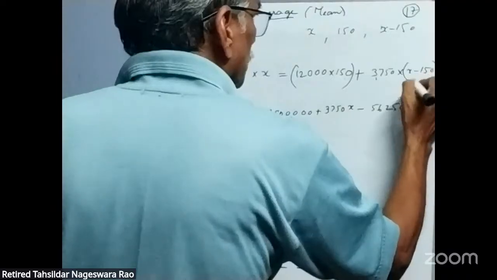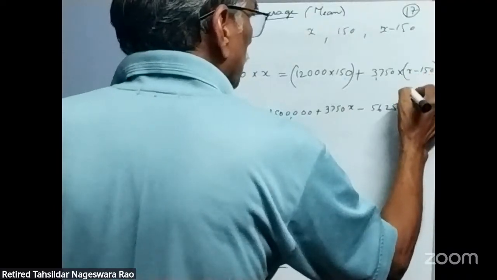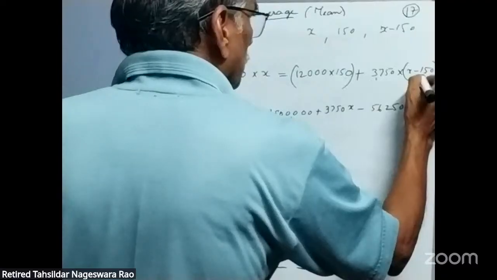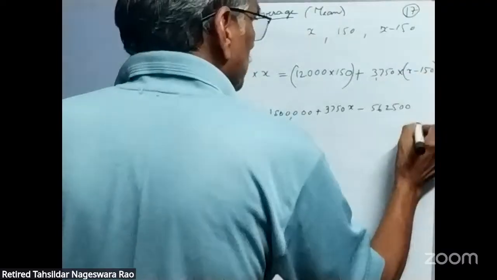Once again 75, 7, 105, 7, 112, 11, 45 plus 11.